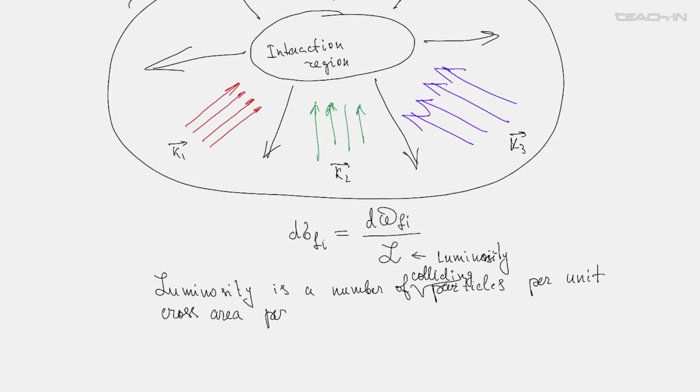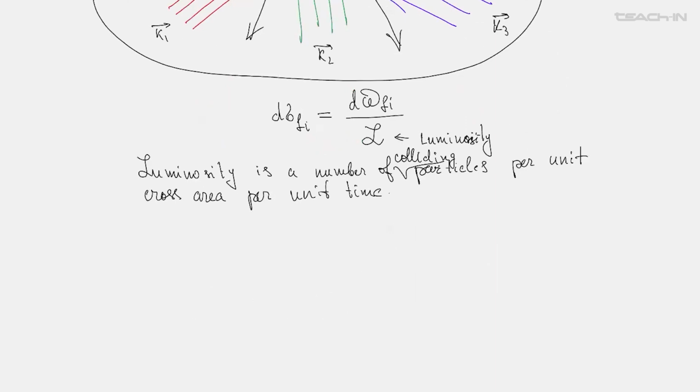That is a bit different from how we define this luminosity in quantum mechanics and quantum field theory. In fact, this formula which I'm writing here is a quantum analog of the classical formula.